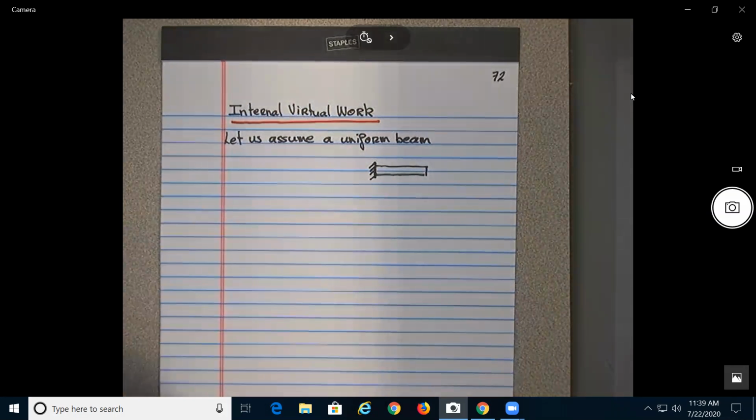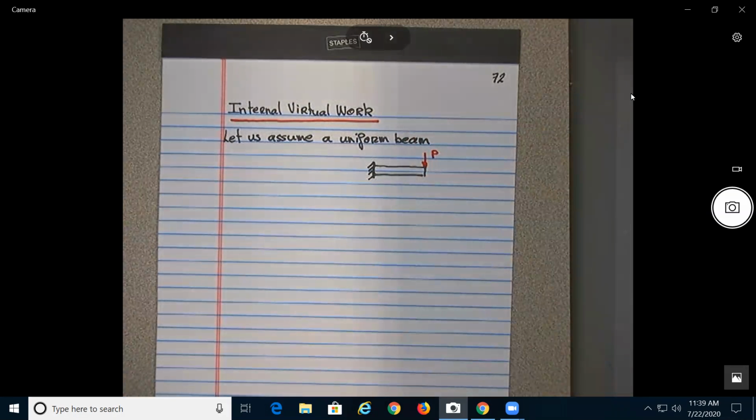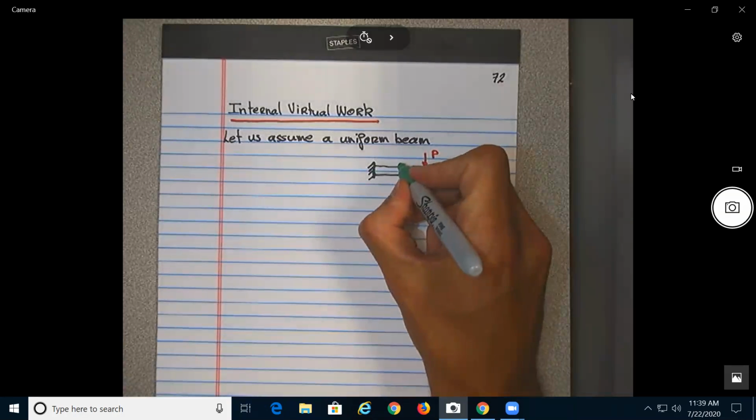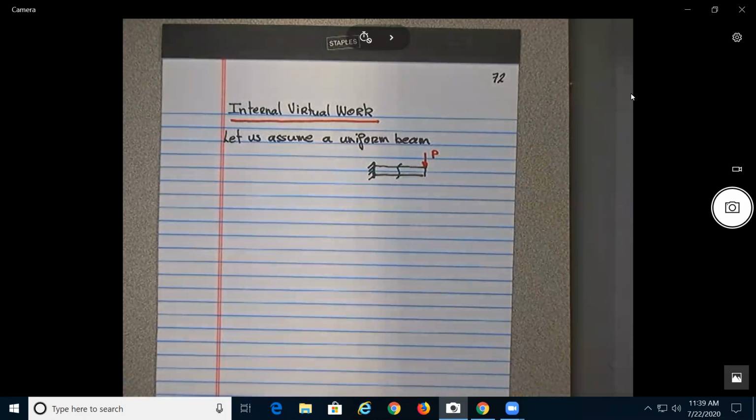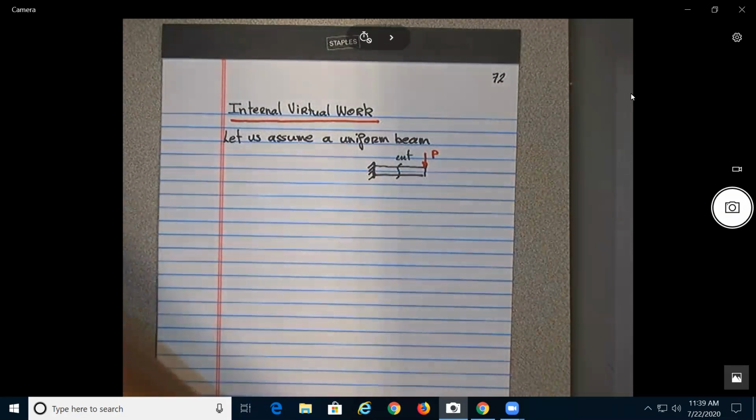And it doesn't matter what type of loading you put, but let's say the classic one will be bending with a force P. And now, let's say we make a cut to that beam.